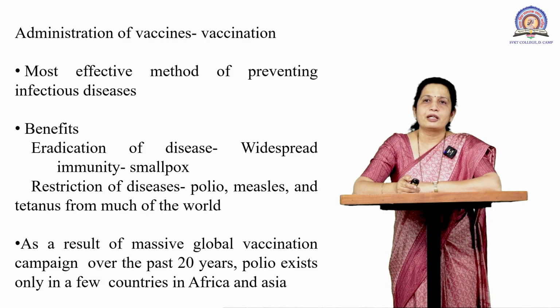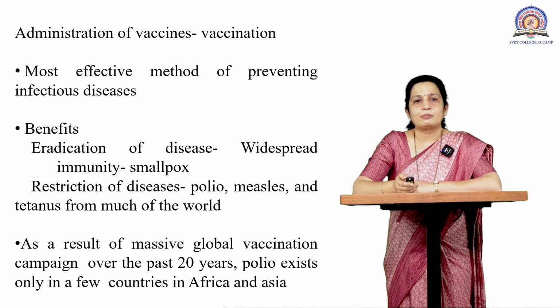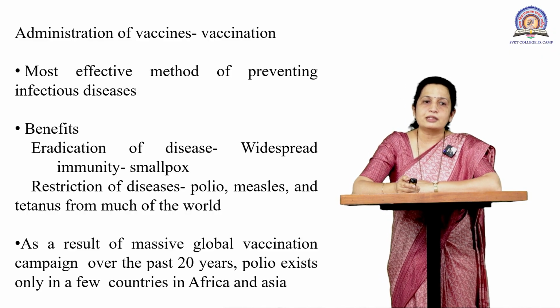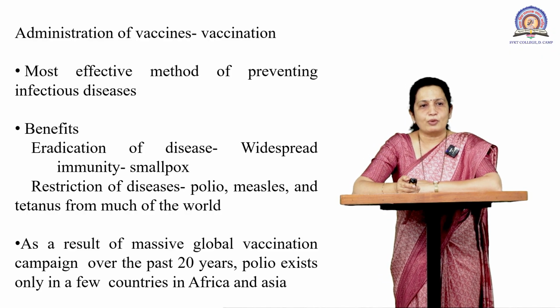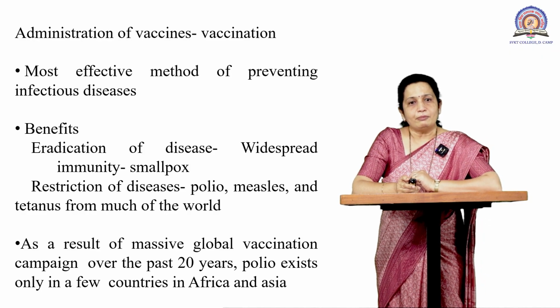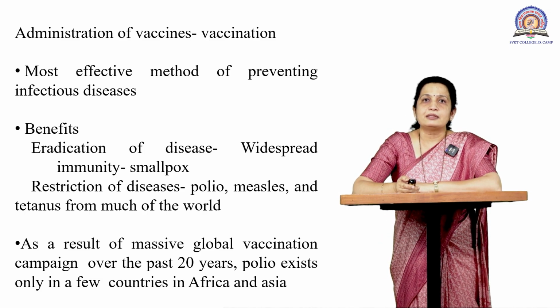For example, there was a widespread smallpox, and widespread immunity amongst the population was developed for the disease smallpox. Now this smallpox disease is completely eradicated. Some diseases are restricted, which means they are controlled, like polio, now in control due to vaccination, measles, and tetanus.